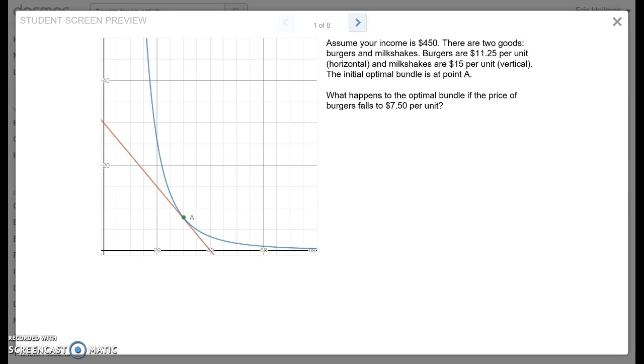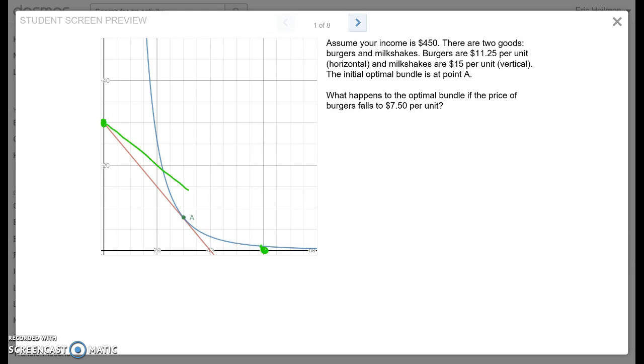All right. So if the price of burgers falls to $7.50, we would be able to afford 60 units if we spend all of our money on burgers. The number of milkshakes we could buy would remain unchanged because the price of milkshakes hasn't changed at all.